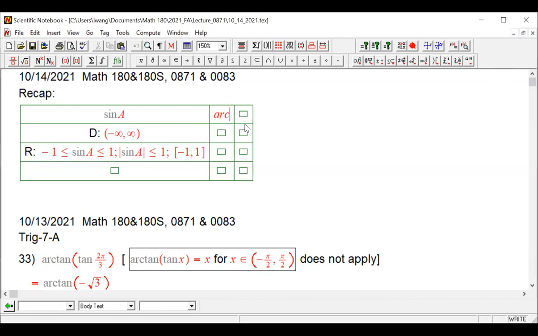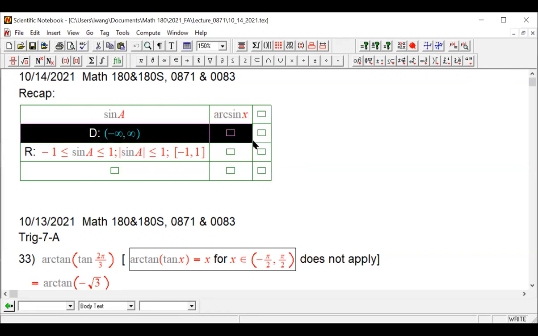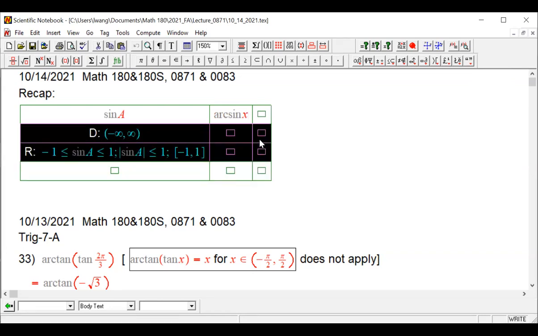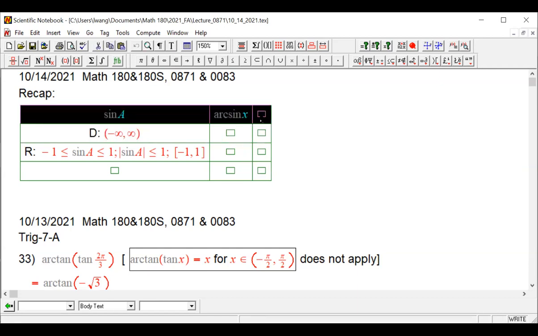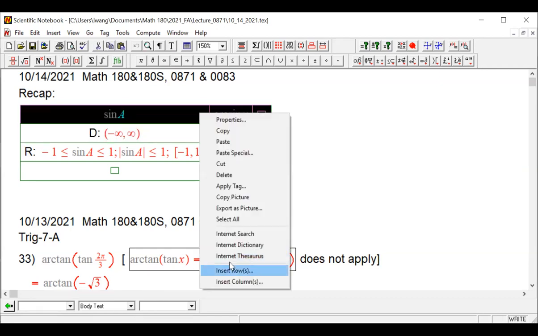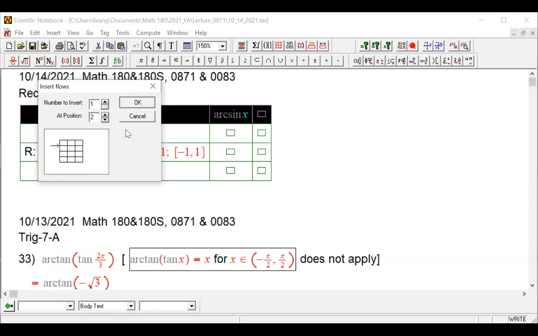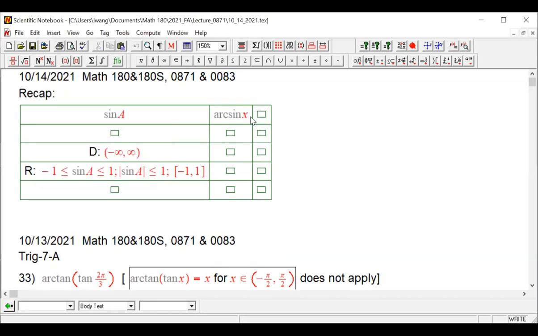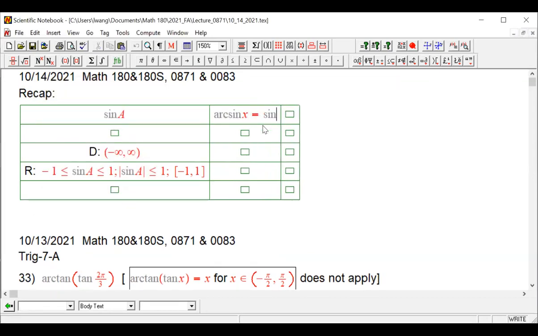But then when ArcSine is referred to, let me insert another row to clarify and emphasize some of those important things. ArcSine or sine inverse.